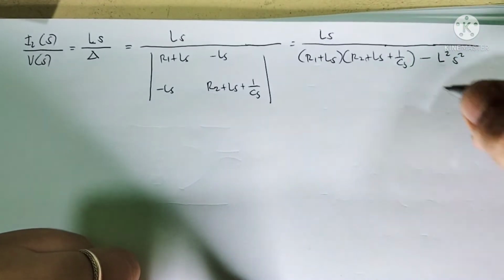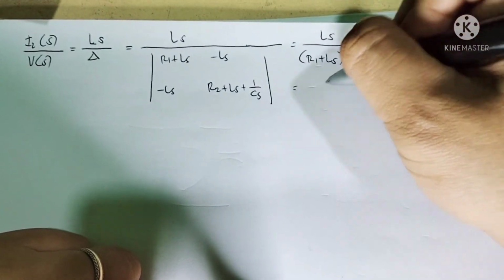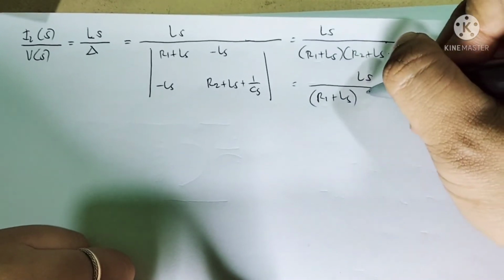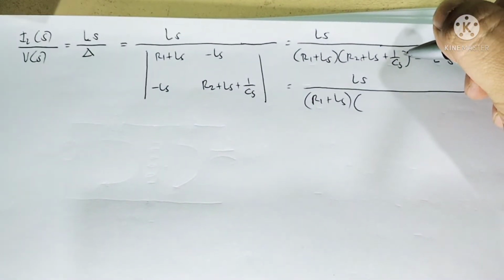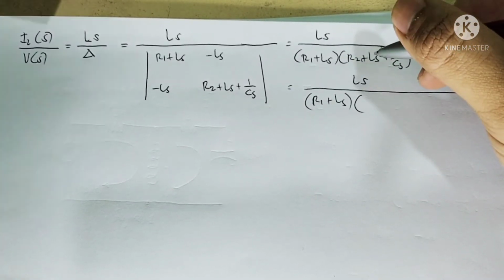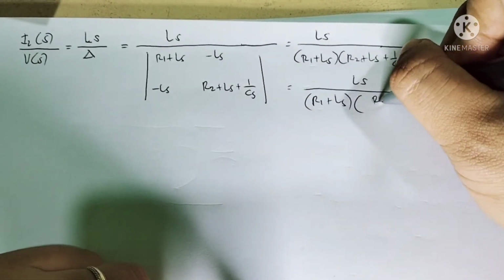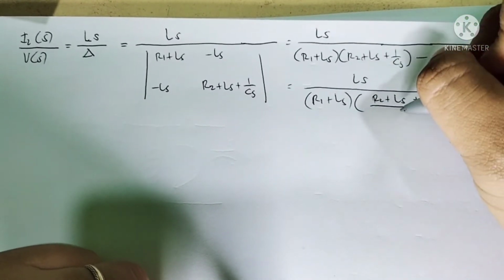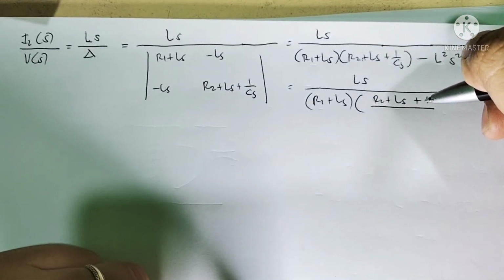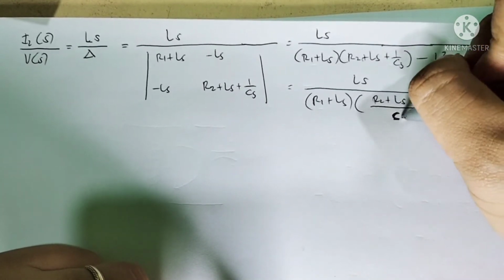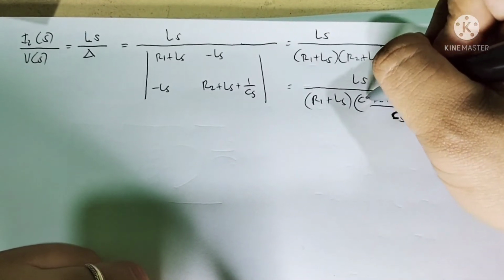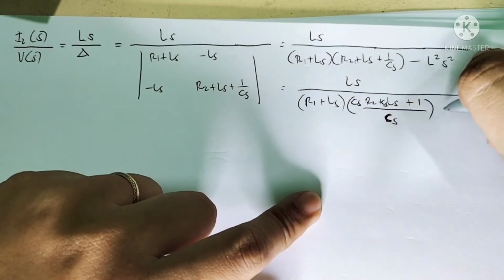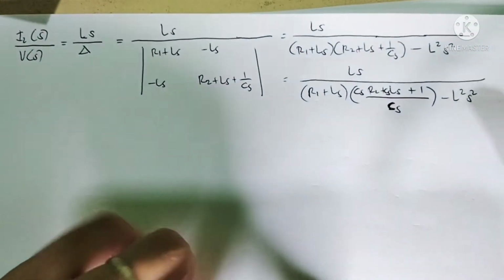So this will be Ls divided by R1 plus Ls times the common denominator of these terms, R2 plus Ls plus 1 divided by Cs, minus L squared s squared.